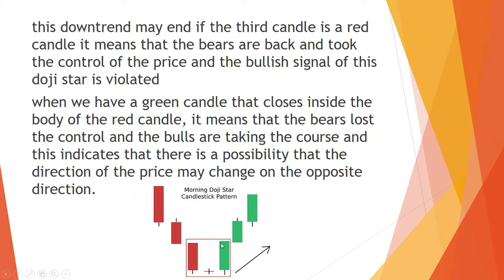If we had a red candle here, the doji star would have been violated, because after indecision it would still be a downtrend. Because we have a green candle, the indecision has ended, and now we are getting a bull market, an uptrend.